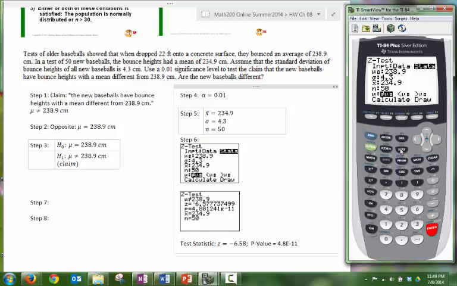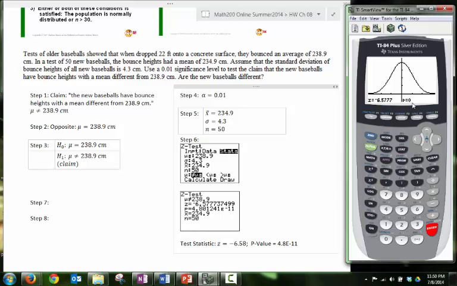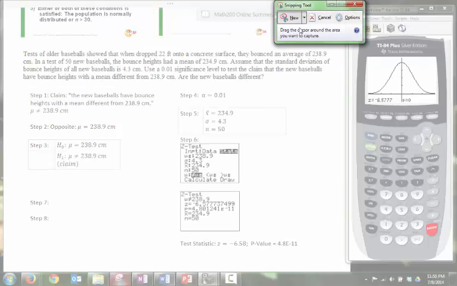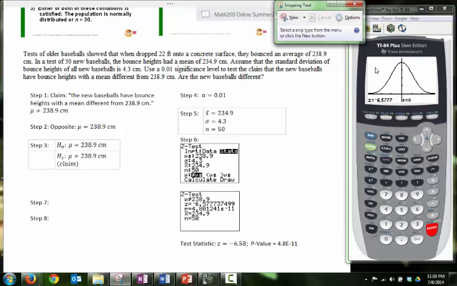And then this time I'm going to ask the calculator to draw the graph for me so I can have a nice bell-shaped curve. So it's going to give me my z-value, and it says the p-value is actually 0, but it's not exactly 0. It's a really small number. So let's take a snippet of this.